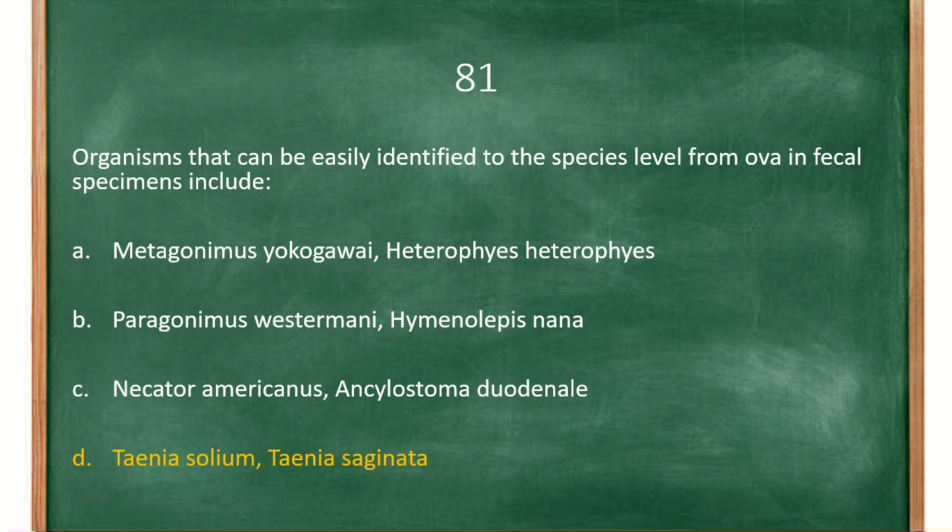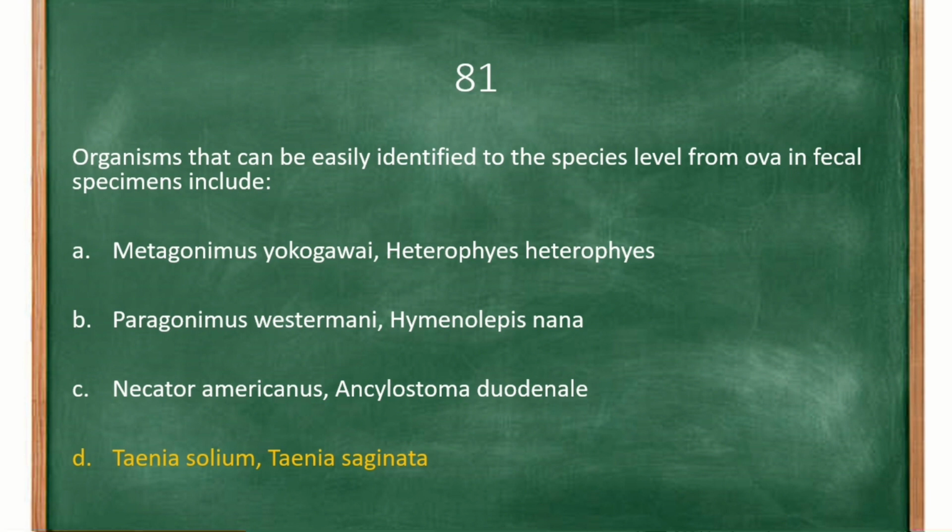And so this becomes one of the organisms whose eggs you can use to distinguish them much more easily, as compared to option A, Metagonimus yokogawai and Heterophyes, which is more challenging to distinguish based on their ova in fecal specimen.